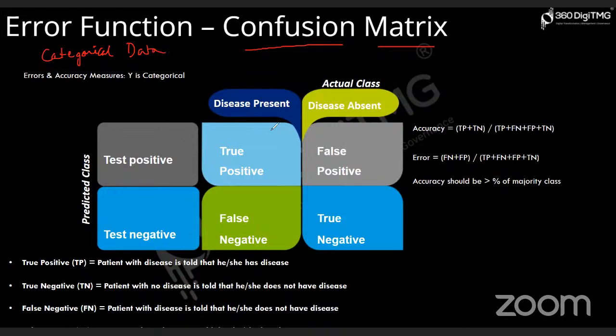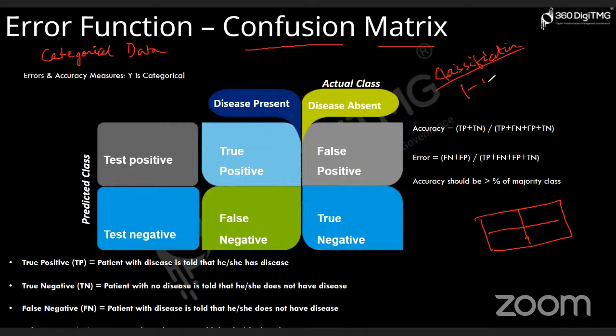Here we prepare a chart like this, a 2 into 2 matrix. This is done for a classification problem. Classification problems are those where we have Y as a category.